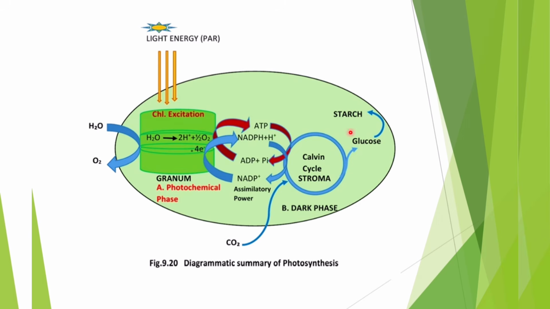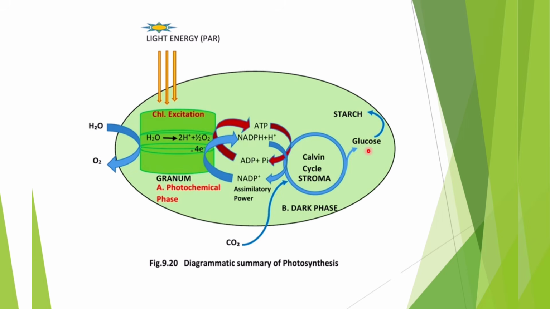Now within the stroma of the chloroplast, a set of reactions take place, energized by this assimilatory power, where carbon dioxide which has diffused into the leaf is being reduced through this cycle, which is called the Calvin cycle. Overall, they are named the dark phase because they can take place at night in presence of this assimilatory power, and the result will be glucose.